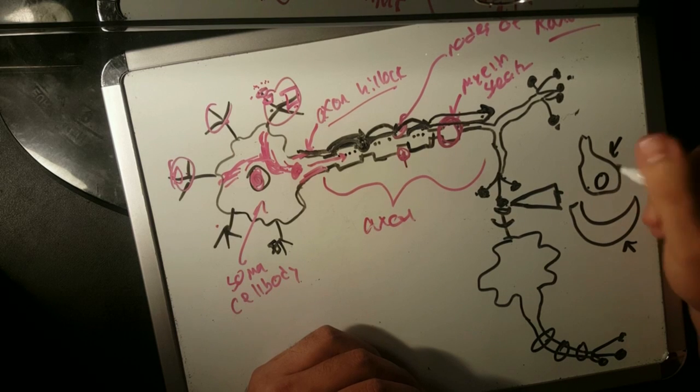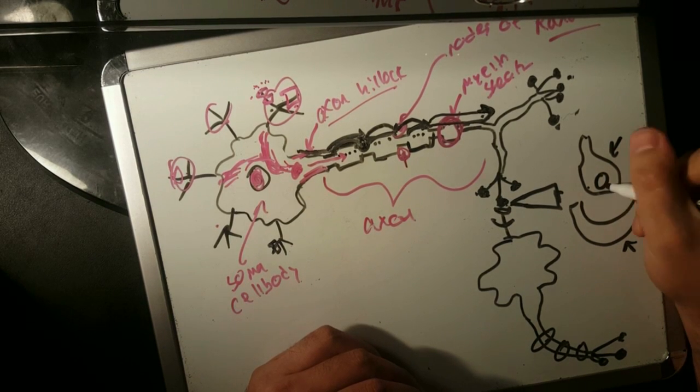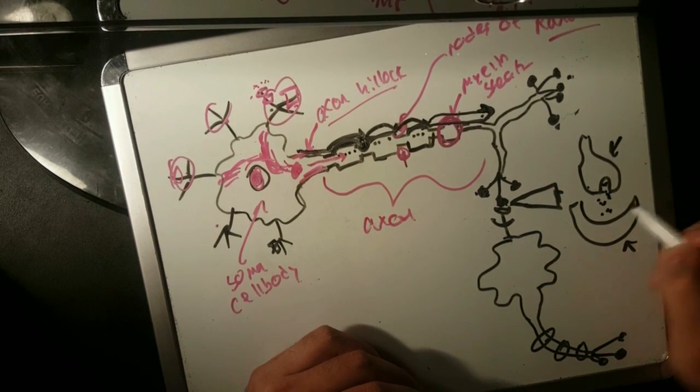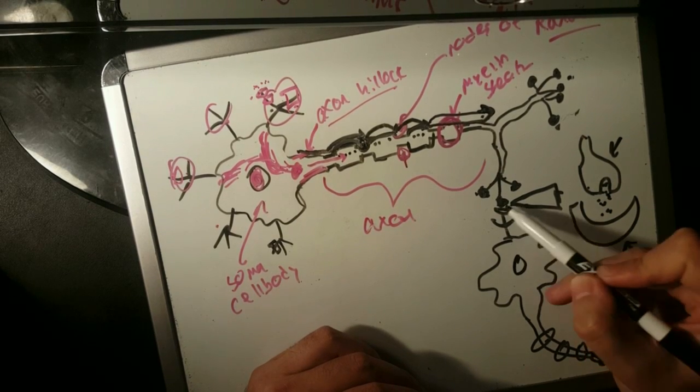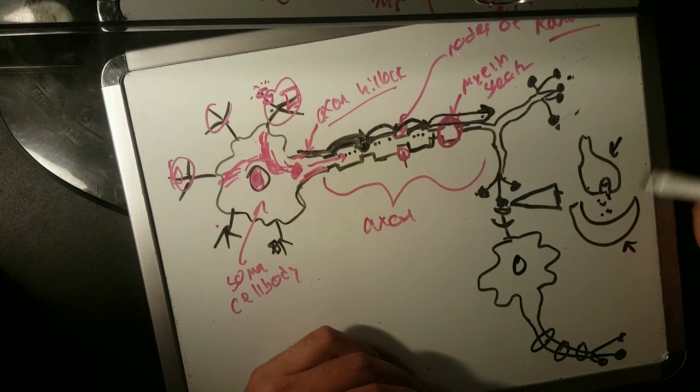These little vesicles will move all the way down, and they will eventually merge with the axon terminal, releasing the neurotransmitters into the space between the dendrite and the terminal.